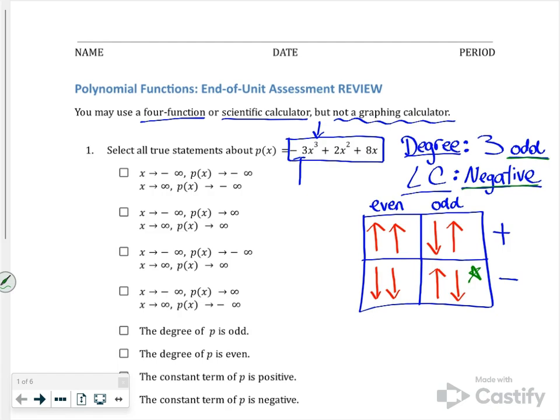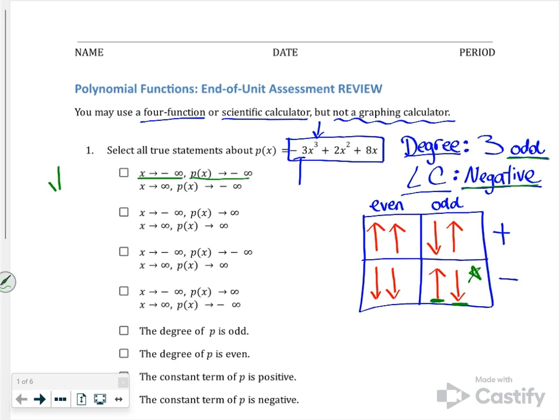So in the multiple choice options, we're going to look and see which set of notation tells us up and then down. I'm going to start looking at my multiple choice options, and the first one shows that as x approaches negative infinity, the function also approaches negative infinity.